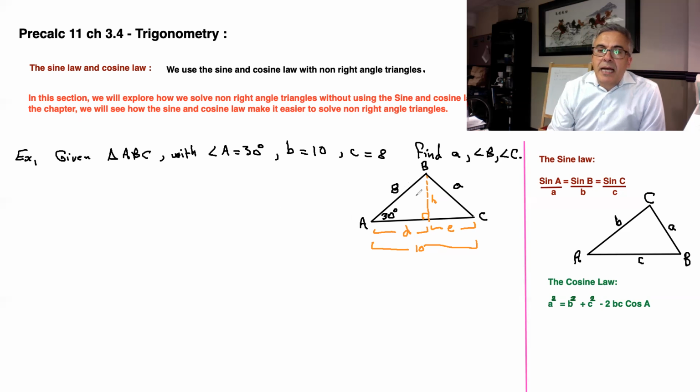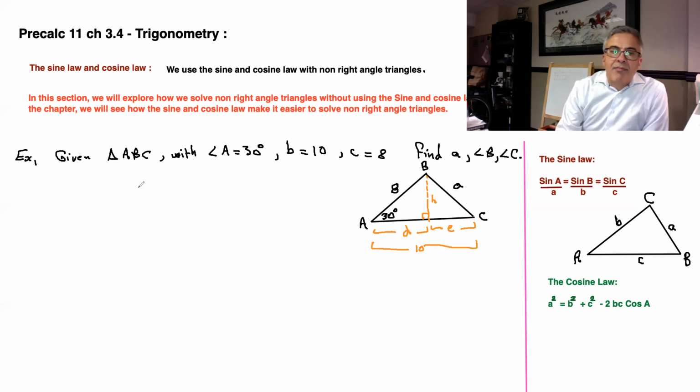So side C is opposite to angle C. Now what I would need to do is basically find the height. So to find the height, I could work with this angle and the height here and the 8 there.